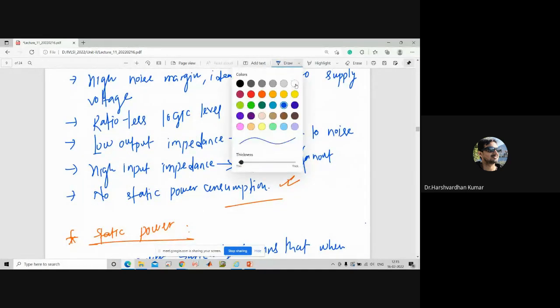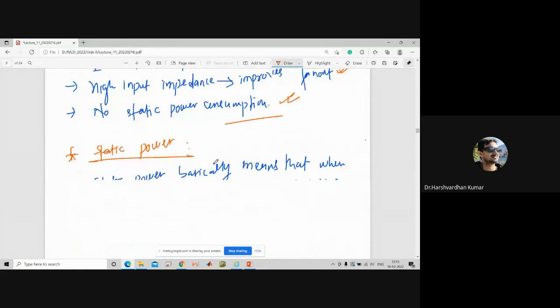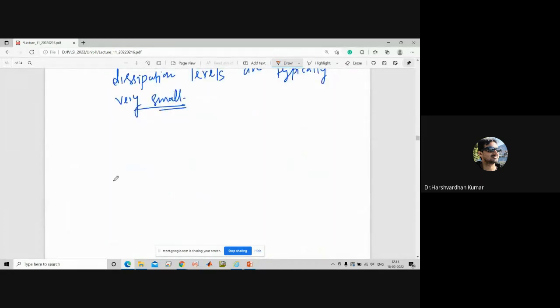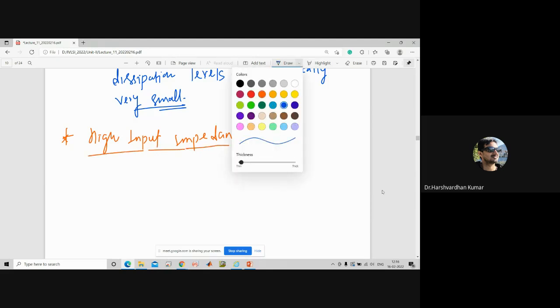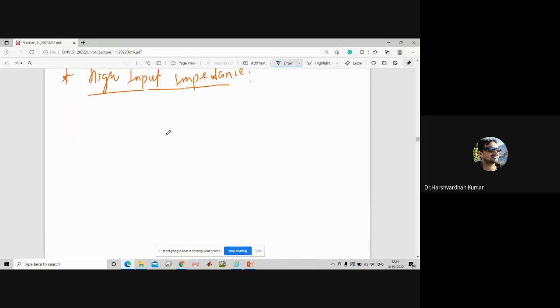Now let us talk about the second characteristic of static behavior, that is high input impedance. If you remember the device structure of MOSFET, then you can correlate the input impedance.